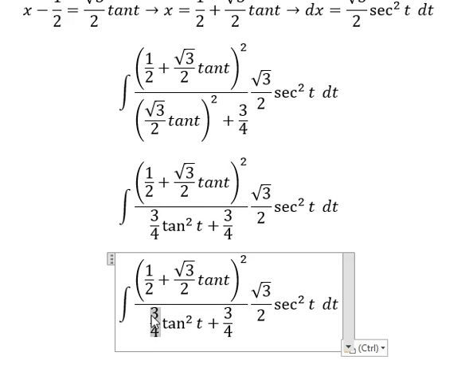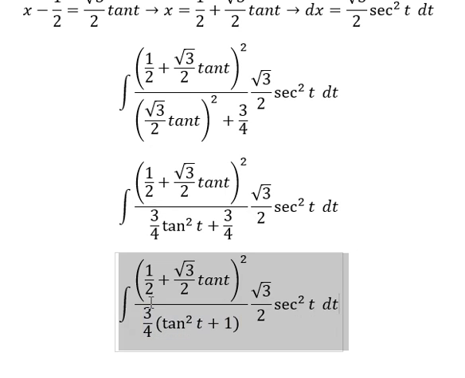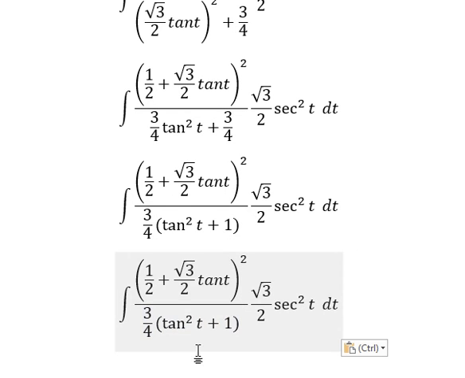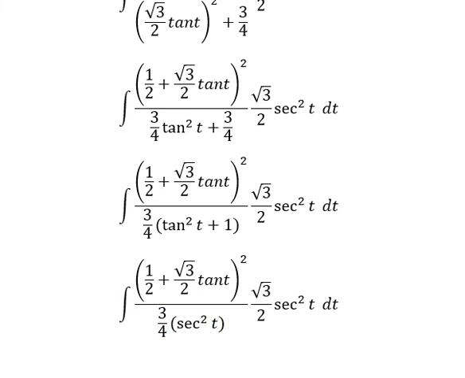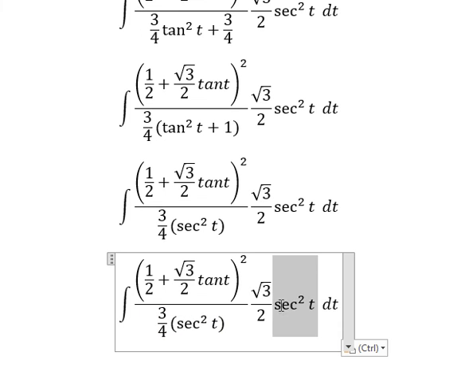So we do factorization of 3 over 4. This one we change for secant of t square. We simplify by this one.